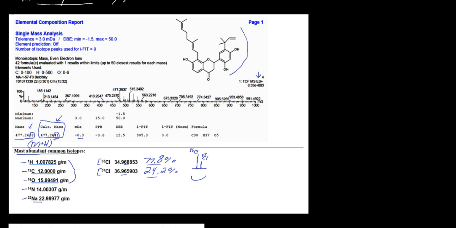You may not know chlorine's there, but if you see these peaks, you have a suggestion that you might have chlorine. Bromine is another one that has two major isotopes, but those are more like 50-50. And iodine and fluorine are one major isotope, so we don't have to worry about that. But you have a whole periodic table of phenomena like this to be explored if you go into mass spectrometry.